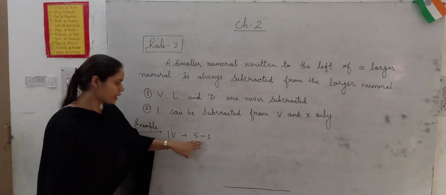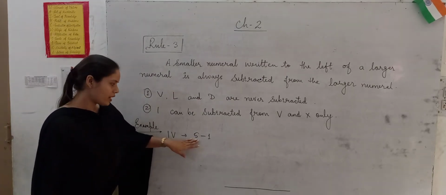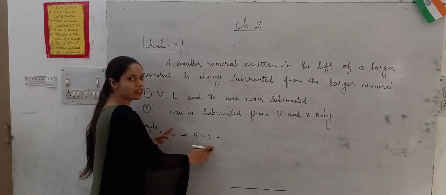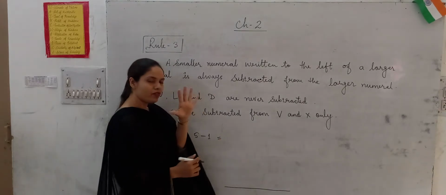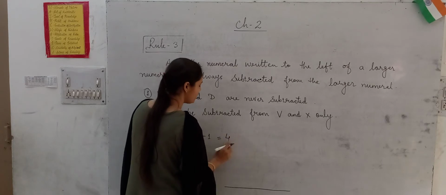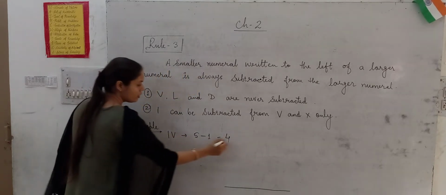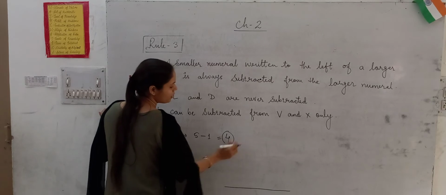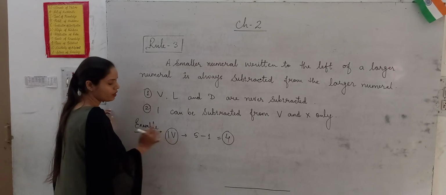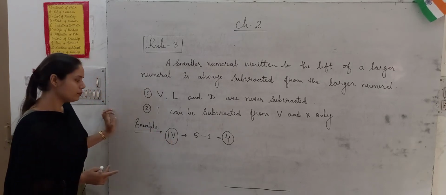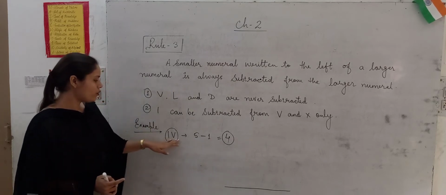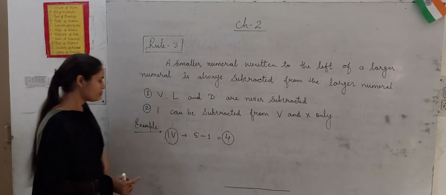Now it is easy to subtract. We subtract 1 from 5. So, 5 minus 1 makes 1, 2, 3 and 4. So, we will write down 4 here. This Hindu Arabic numeral is 4 and this Roman numeral represents 4. Clear? So, I and V will be read as 4.